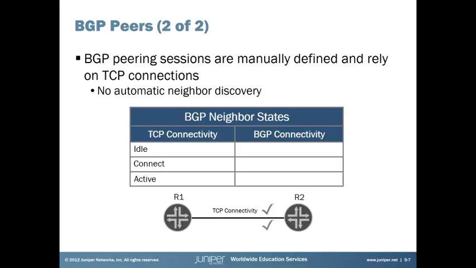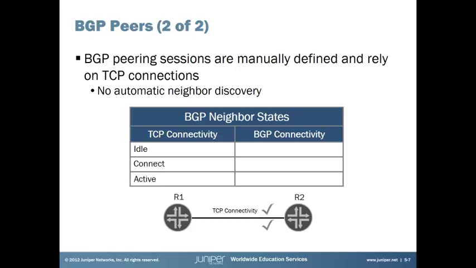Let's talk a little bit more about these BGP peering sessions. We've already said that they are manually defined. They rely on TCP connections. So what does that mean? Well, that means that we use the TCP transport protocol to establish a connection between our BGP neighbors.